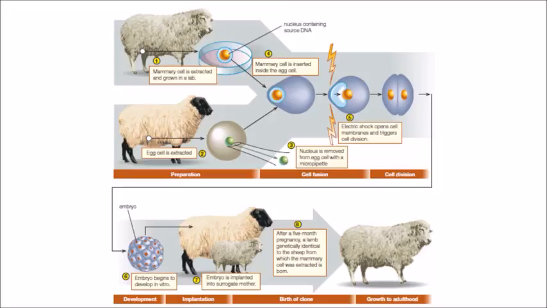Then we follow it with an electric shock, which we saw cell division. The embryo is developed and implanted into the surrogate mother. And then we have a genetically identical lamb being produced from the sheep from the mammary gland that was extracted.